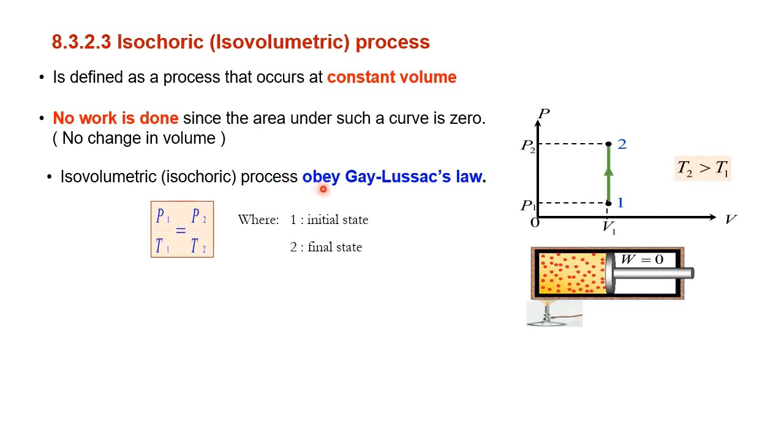And this process obeys Gay-Lussac's law, which is P1 over T1 equals P2 over T2. As we can see on the graph here, any ratio of pressure and temperature along this line is constant.